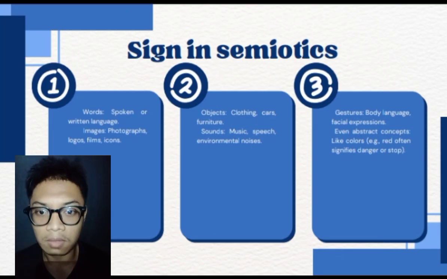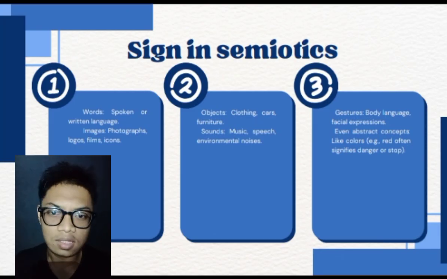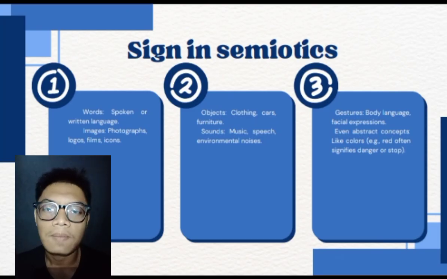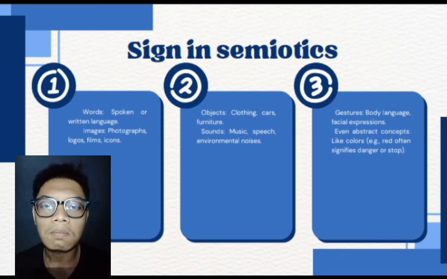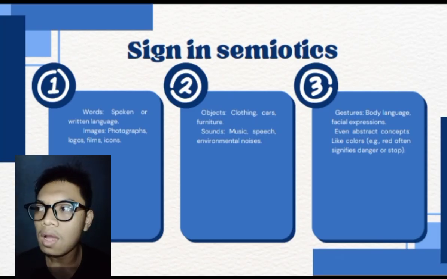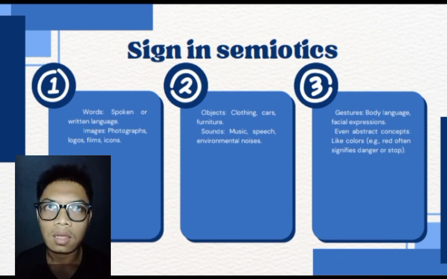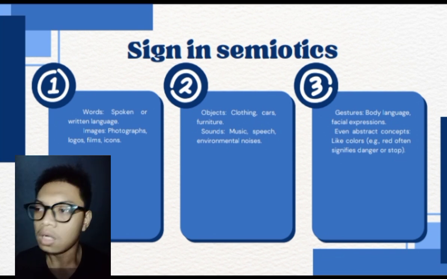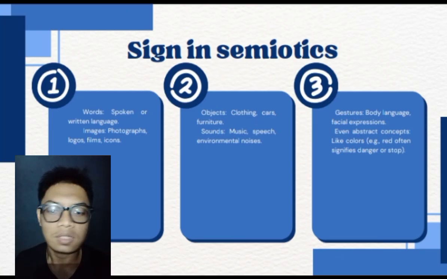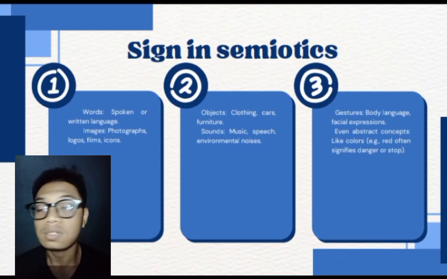That's the power of semiotics. It's not just about the sign, but also how our background, culture, and experience shape how we understand it.